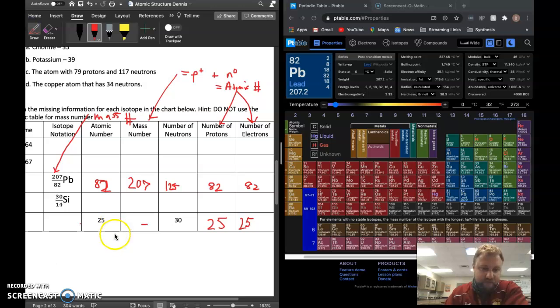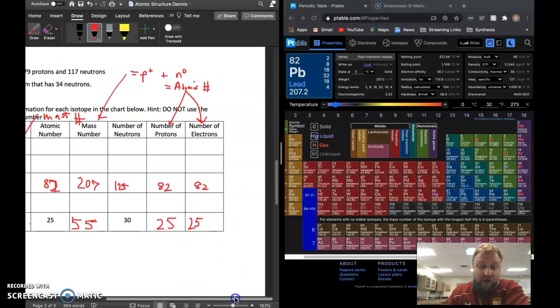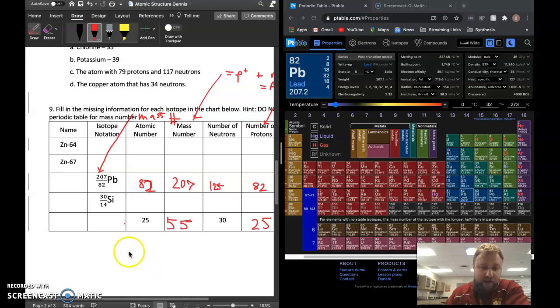So 30 plus 25 gets us 55. So all that information without even looking at the periodic table. Still, we can start doing our isotope notation.